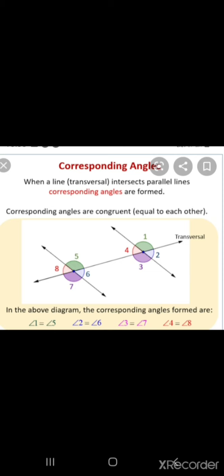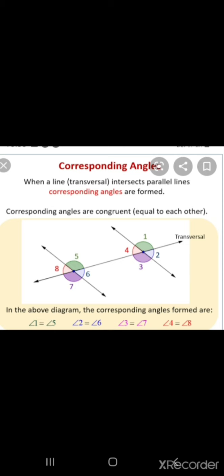Like that, we can find 3 more pairs. Angle 2 and angle 6, the two angles form in similar position. Angle 3 and angle 7, again a similar position. Angle 4 and angle 8, another pair of corresponding angles. So, 4 pairs of corresponding angles are there if a transversal intersects two lines.